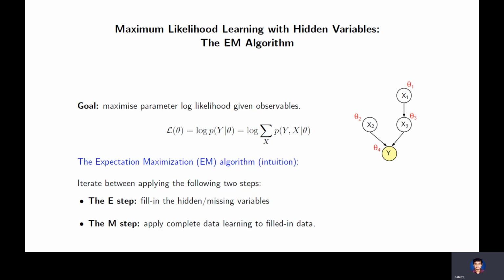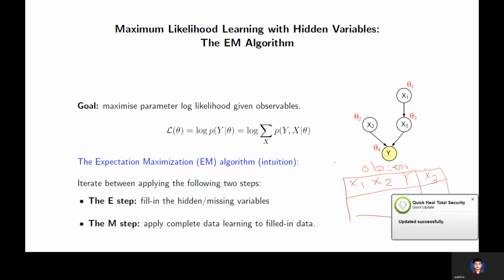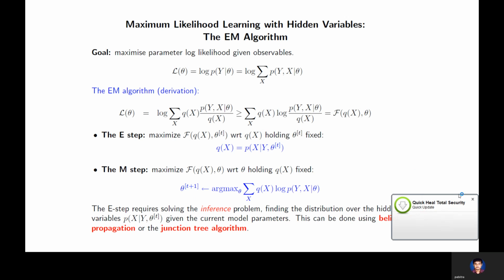So if you look at a row of the training data, let's say I have a training data where I have observed x1, x2, and y. x3 is a latent variable. So these are my observed variables, and x3 is my latent variable.